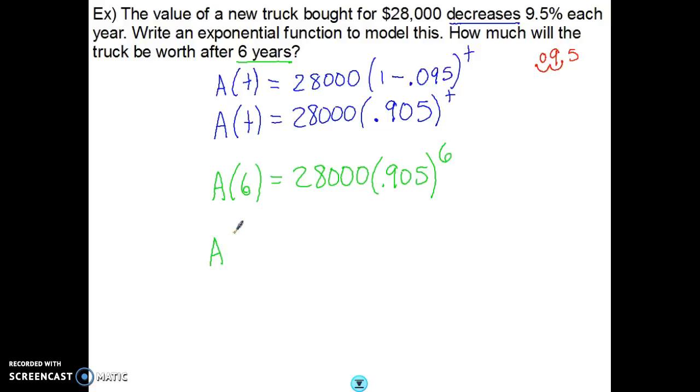And if you go ahead and put that into your calculator, 28,000 times 0.905 raised to the 6 is going to be 15,383. And we're doing money, so I'm going to round to 2 decimal places. So it's 0.30 or 30 cents. And there is your final answer, $15,383.30.